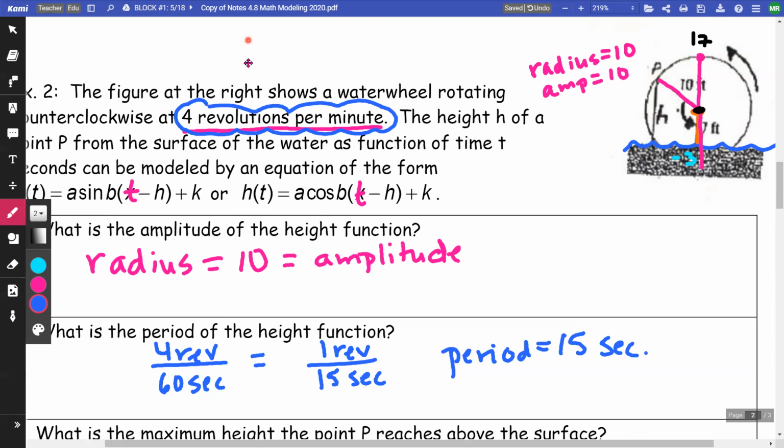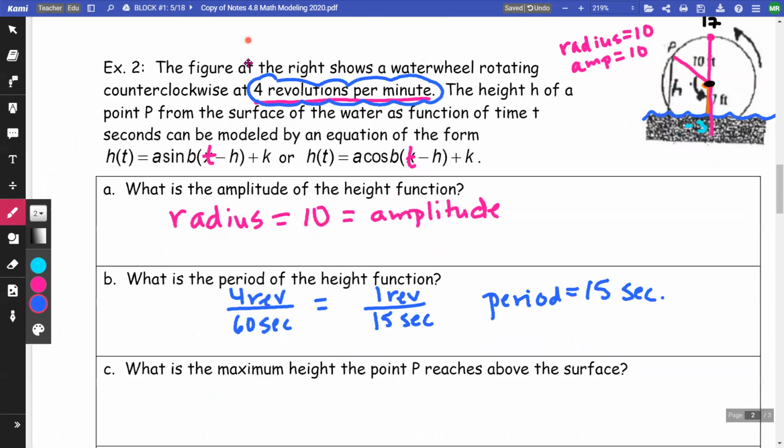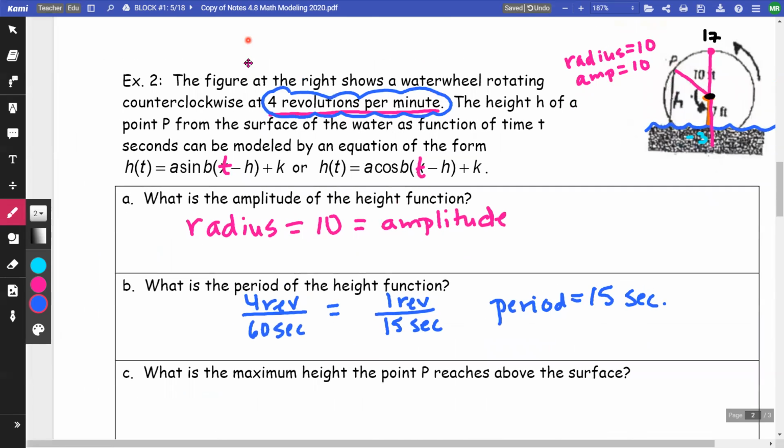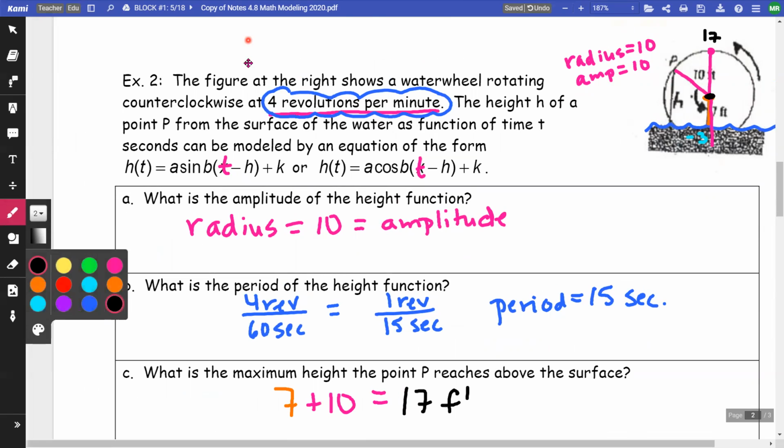The maximum height, that is that 17. Again, I'm going to take my center, which was 7, and add my radius, and that is going to give me my max height of 17 feet.